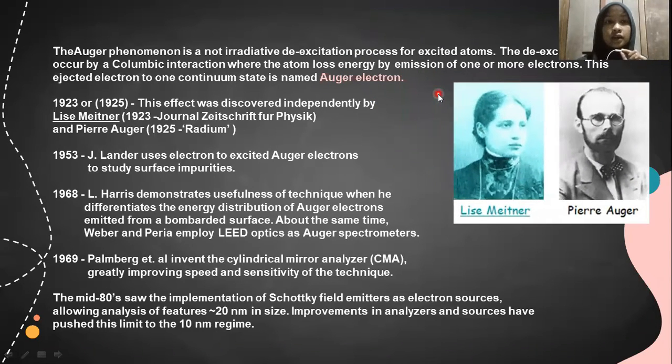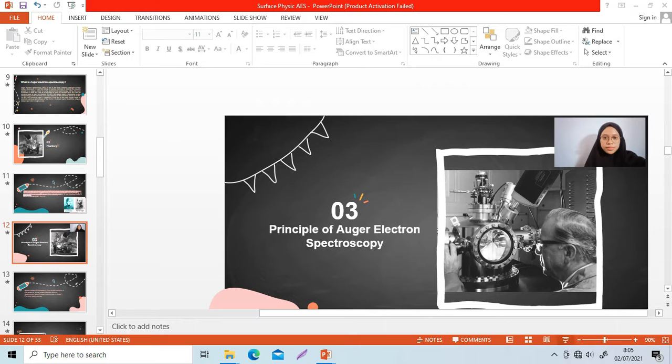This ejected electron to a continuum state is named the Auger electron. This effect was discovered independently by Lise Meitner in 1923 and Pierre Auger in 1925.